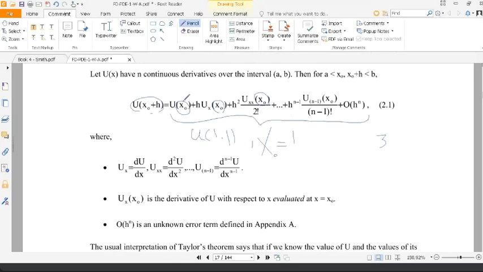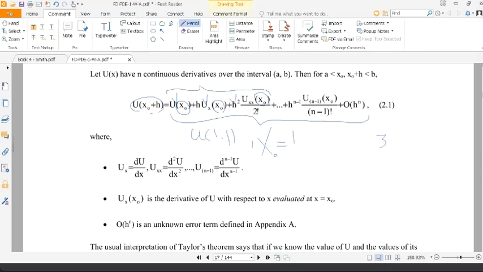It means only u of x0, ux of x0, plus h squared uxx of x0 over 2 factorial. Please use only three terms of the right hand side.